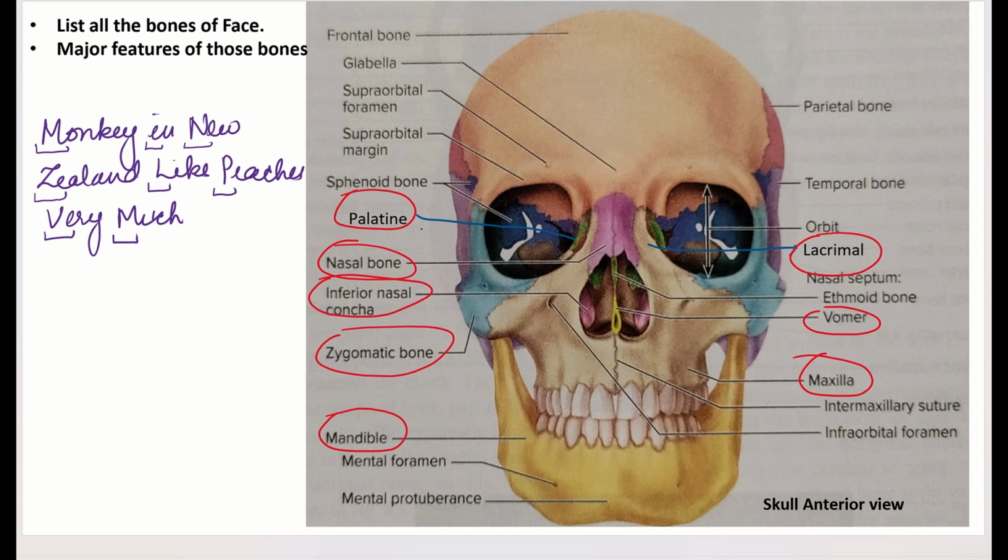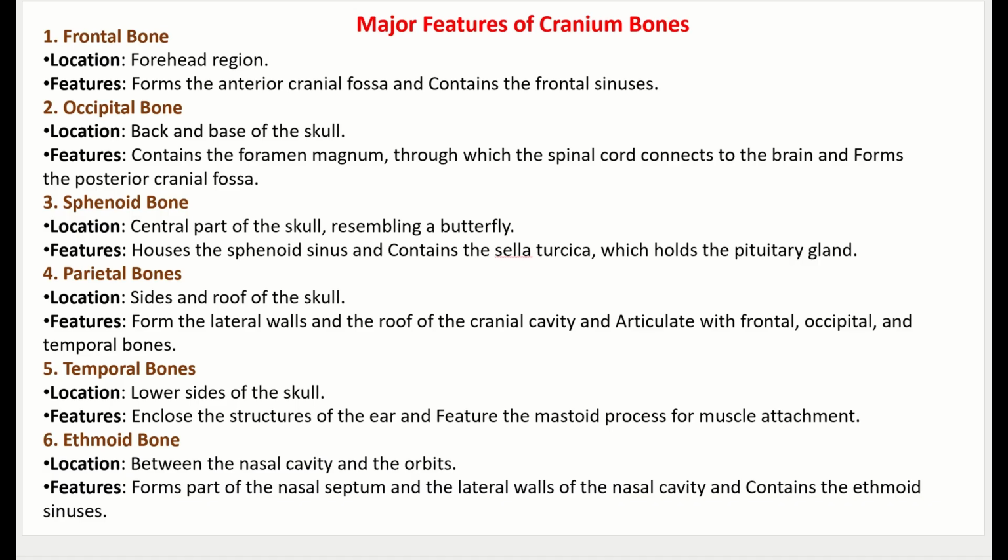maxilla or mandible. If we discuss the features of the cranium bones, then the frontal bone is located at the forehead region, and it forms the anterior cranial fossa and contains the frontal sinuses.